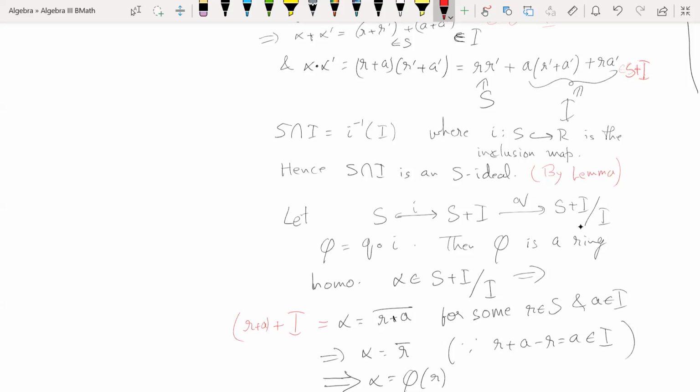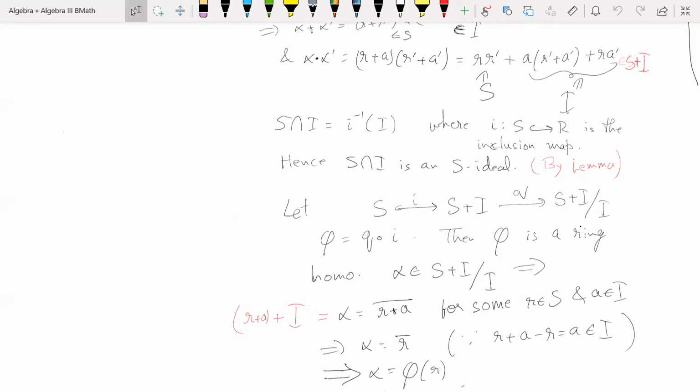Elements of S plus I precisely look like that. But a belongs to I, so r plus a bar is the same as r bar, since r plus a minus r is equal to a, which belongs to I. So alpha is equal to r bar, which means alpha is phi of r.